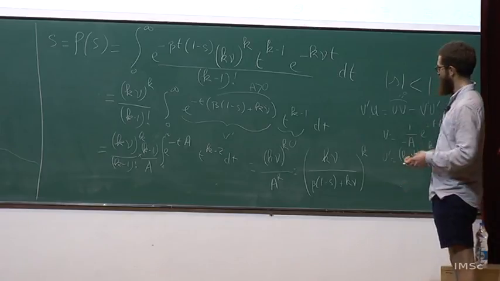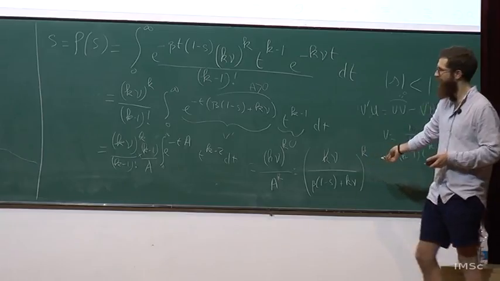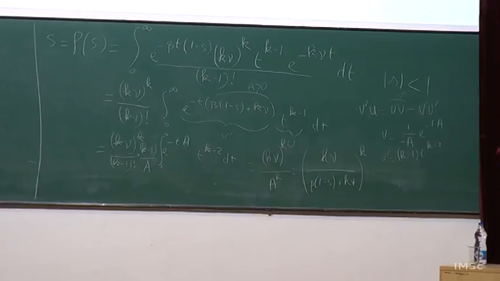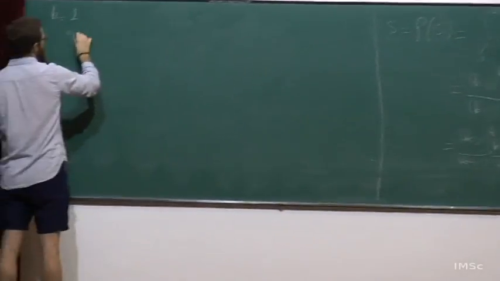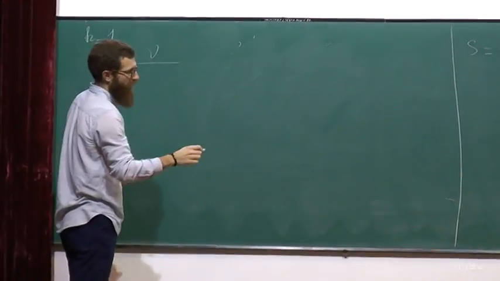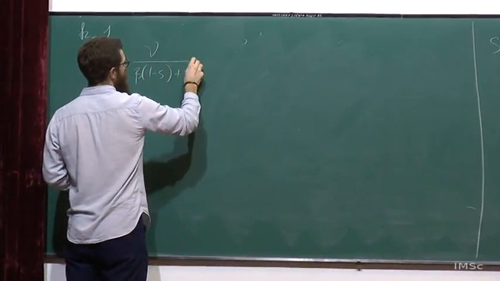Okay. So now the idea is to look at the simple case where k is equal to 1. So when k is equal to 1, I have an exponential distribution. So the solution I'm looking at is s equal to mu over beta 1 minus s plus mu.